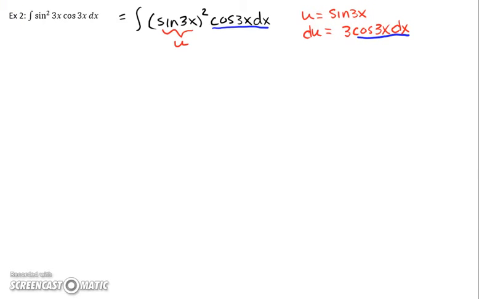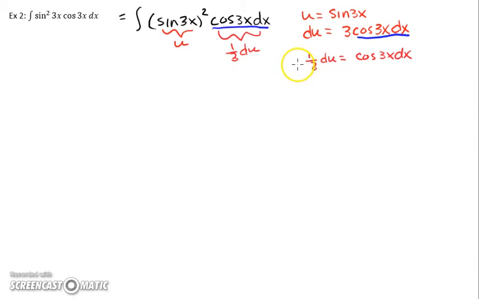But it's a really, really simple fix. All we have to do is divide. If we divide each side by 3, we can get 1/3 du equals cosine of 3x dx. Now we have that substitution we can make. So 1/3 du is going to be equal to cosine 3x dx.